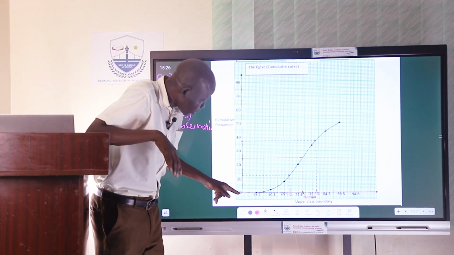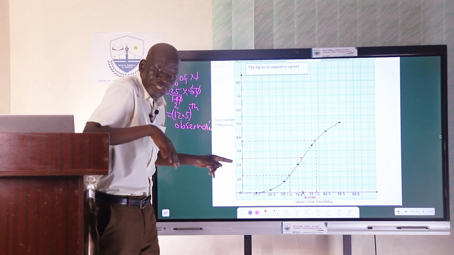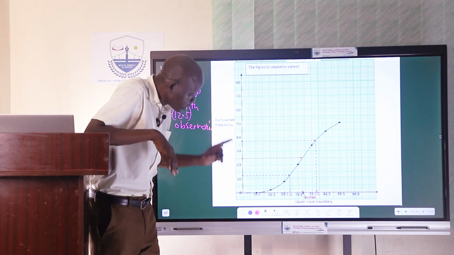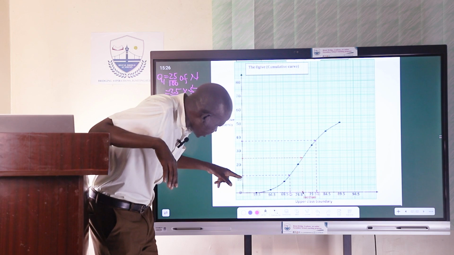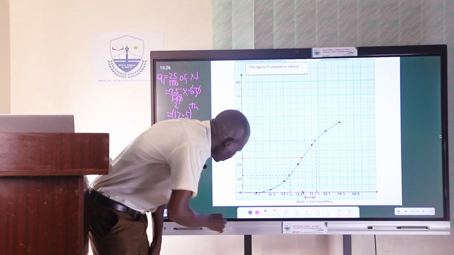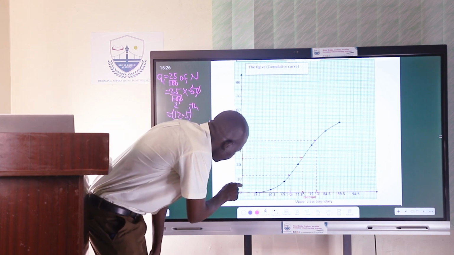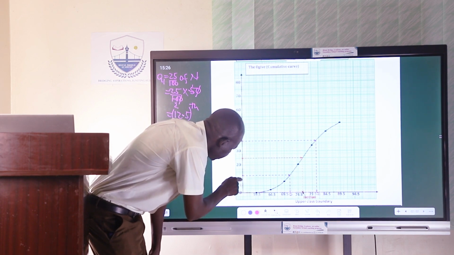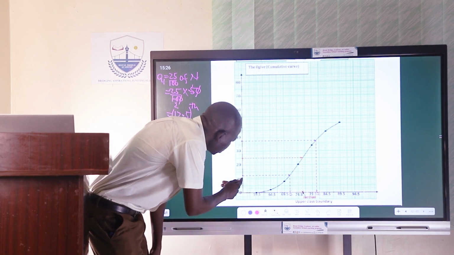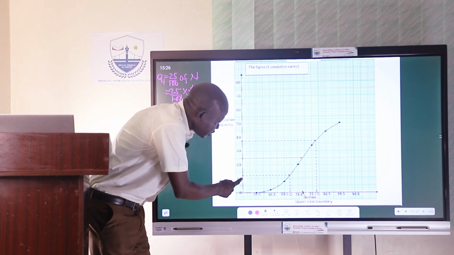According to our scale, each small box represents 1 unit. So if this is 10, 10 is here, this is 5, 6, 7, 8, 9, 10 is here. So we are looking for 12.5.